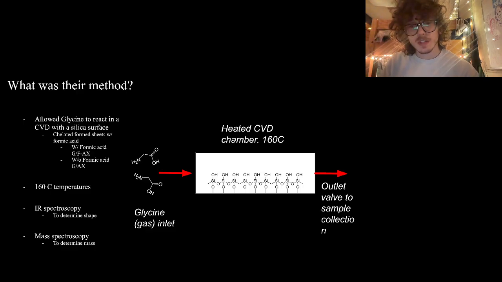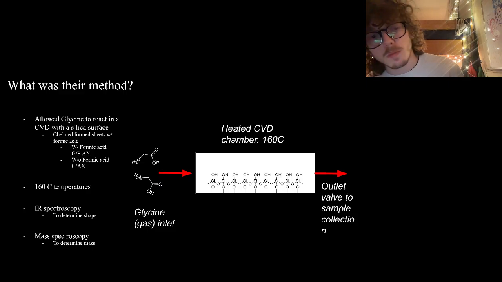Okay, so what specifically was their method? Well, they took gaseous glycine, they put it at 160 C into this heated CVD chamber, and it's going to react and form these oligopeptides, as we'll see. And then you also have an outlet valve to sample collection. And the way that they collected samples, this is kind of important.